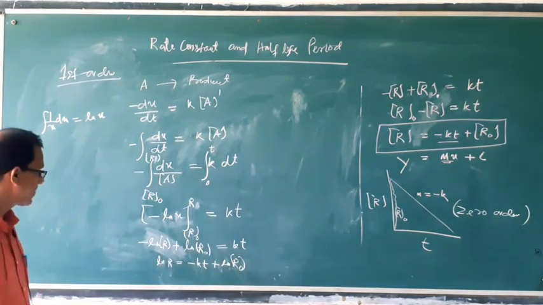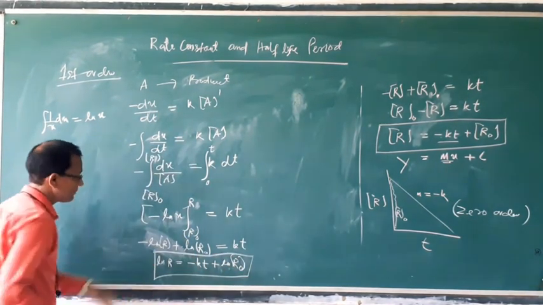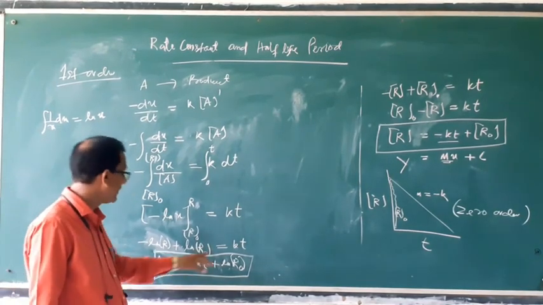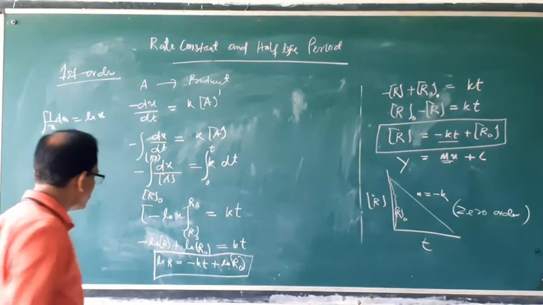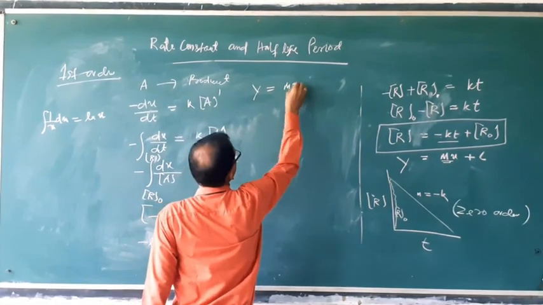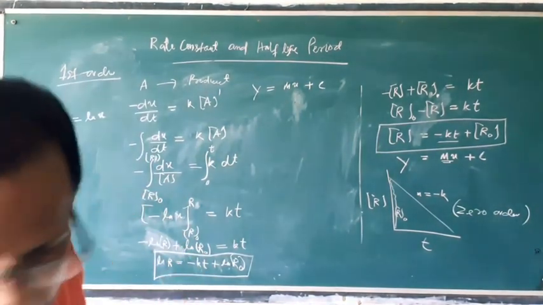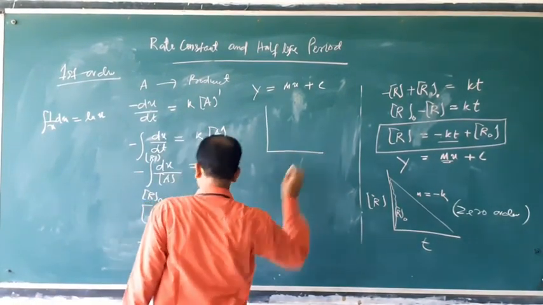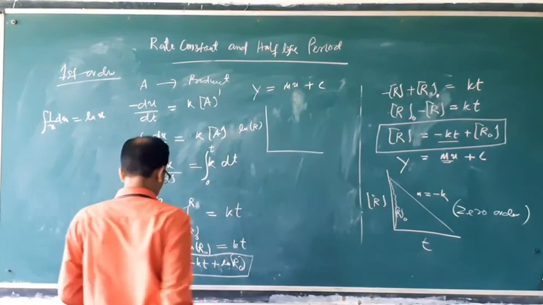What is this? This equation is derived from the above equation by rearranging: ln r equal to minus kt plus ln r0. And this equation is just like y equal to mx plus c. So if you draw a graph, what graph? Same for first order reaction, ln r versus t.